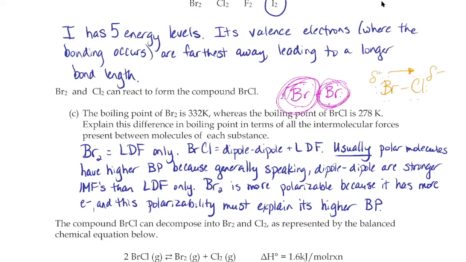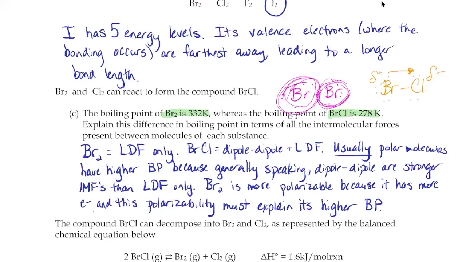However, in this problem, they give us data that says the exact opposite of that. Tells us that the Br2 has a higher boiling point than the BrCl, which usually wouldn't be expected. But we have to explain why that is, because it's unexpected. Usually polar stuff has the higher boiling point. So what's going on here?